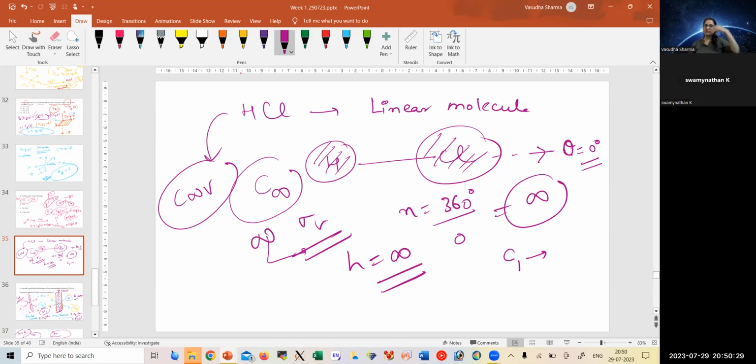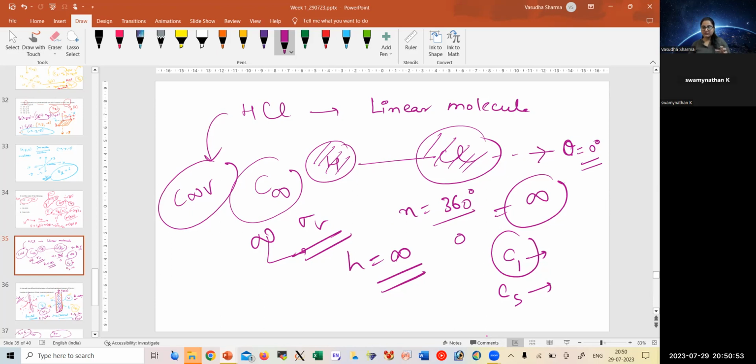Only after 360 degrees do we get something, so we call that C1. If we have just a plane, these are the point groups I am talking about. This is not the axis of symmetry. Don't get confused between the axis of symmetry and the point groups. These are the point groups that we define: C1, CS. CS is when you have only one mirror plane, right? So this is the notation.